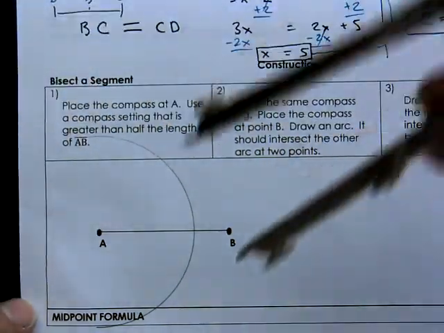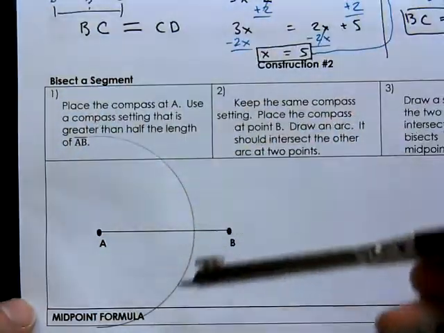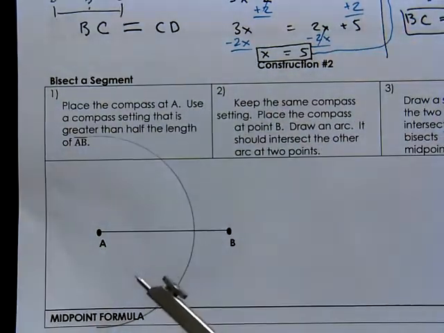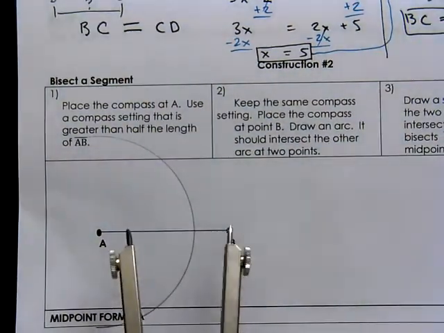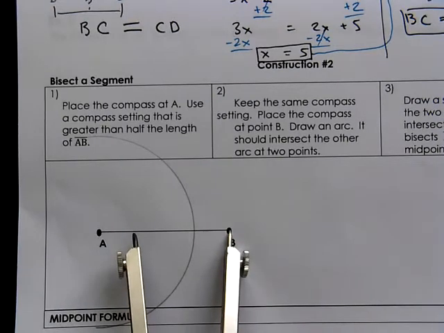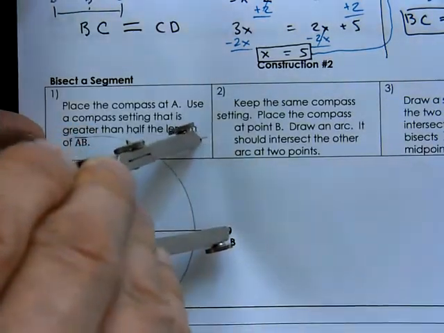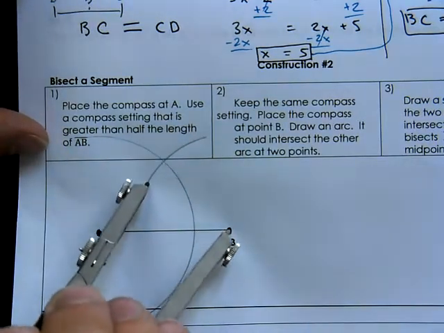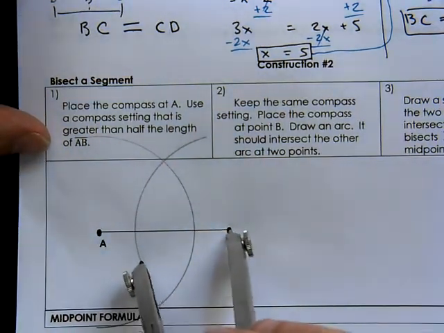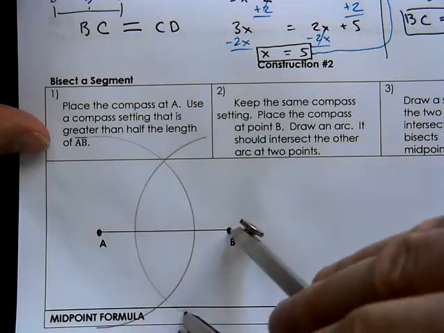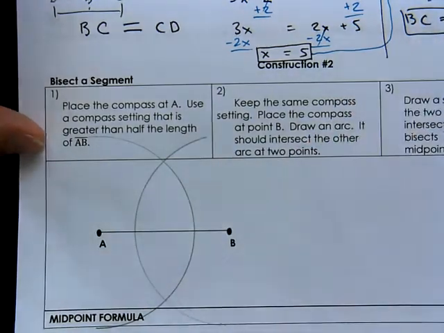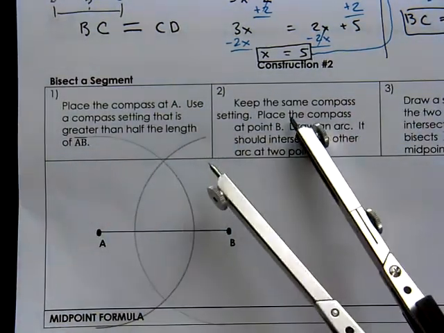There we have an arc drawn around the left end point. And now we'll create another one drawn around the right end point. You should see these overlap up at the top as well as down below. So what we just did was walk through step 1 and step 2.